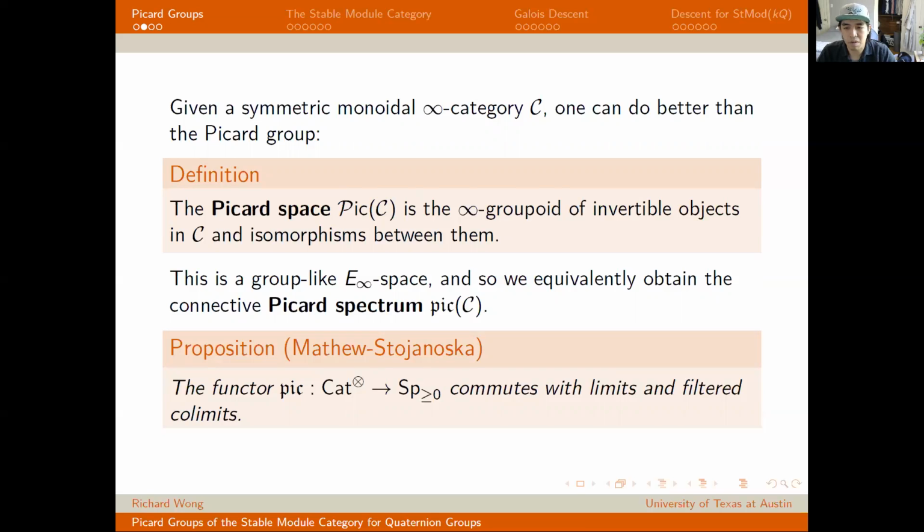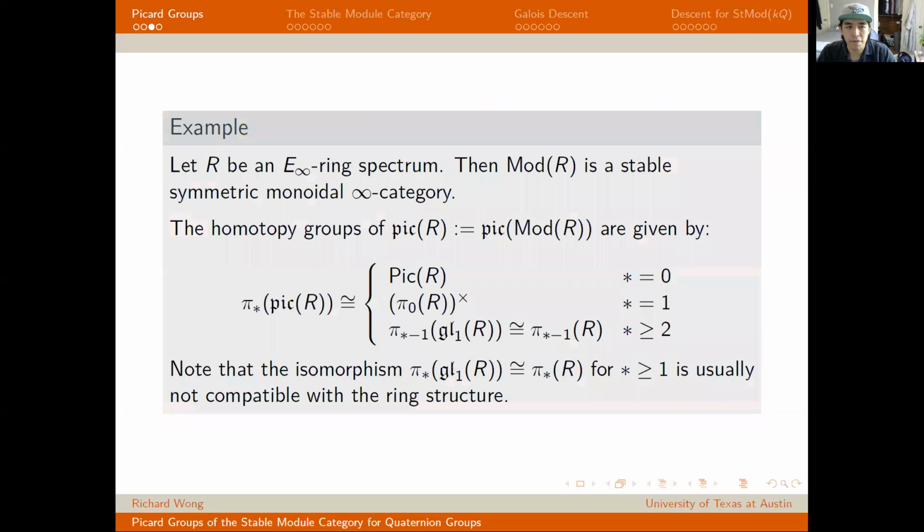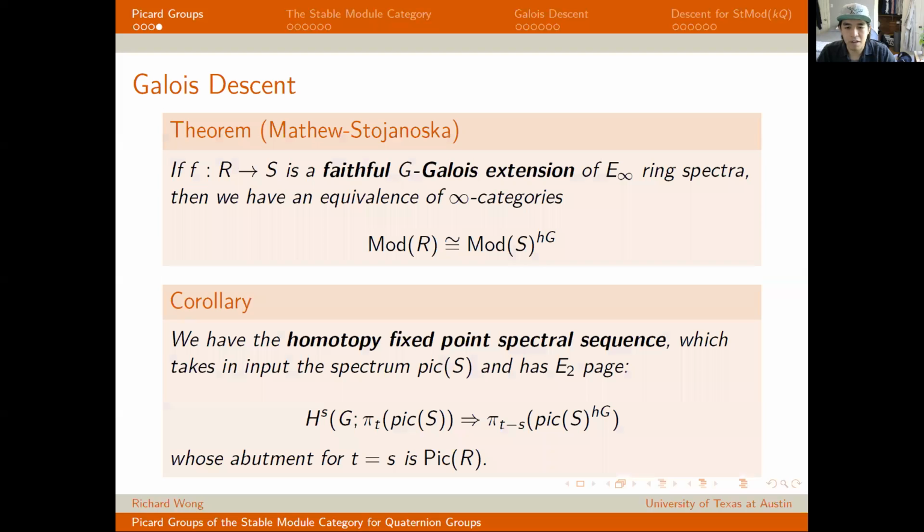This is especially well behaved because it commutes with limits and filtered colimits. For example, the Picard spectrum of the category of modules over a commutative ring spectrum is understood quite well. And the work of Mathew and Mathew-Stojanoska gives us a way to compute this Picard spectrum using faithful Galois descent and the homotopy fixed point spectral sequence.